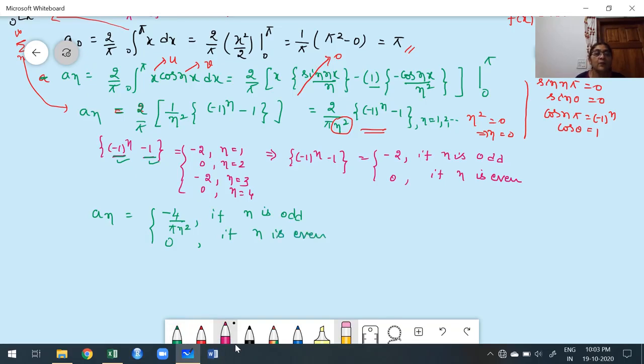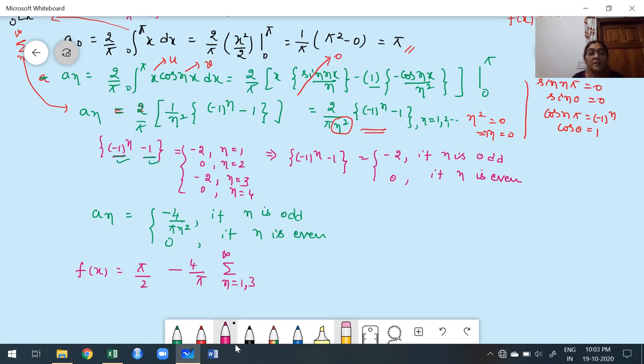While construction of Fourier series, we have to take care. f of x is equal to, what is my a0? Pi, a0 by 2 is pi by 2. While writing an, now we have to take only odd values, not necessarily even. Now what's common here? Minus 4 by pi is a constant value, I'll keep it outside. Not necessary to take 1 to infinity, I have to take only odd values. Whenever I have to take only odd values, at least I have to mention the first 2 odd values.